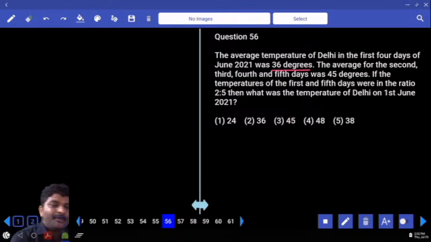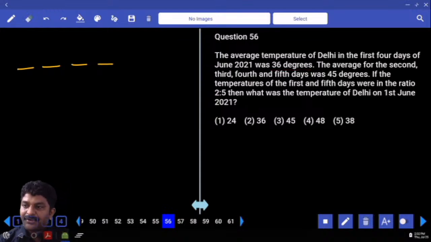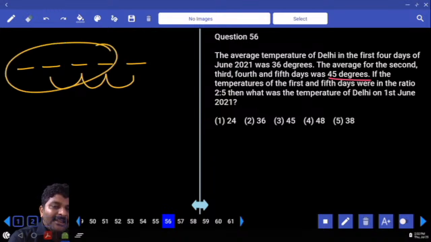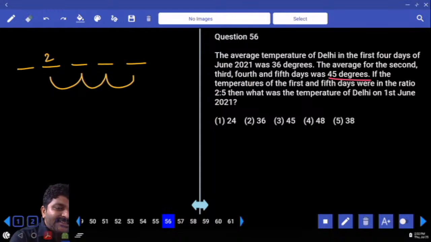36 is average for how many days? First 4 days. Next 45 is average for second, third, fourth and fifth. Correct? In first 4 and in next 4, which days are common? Second, third, fourth days are common.